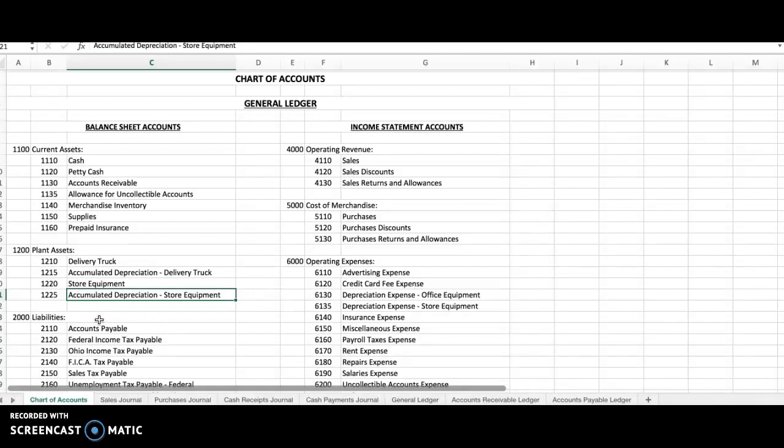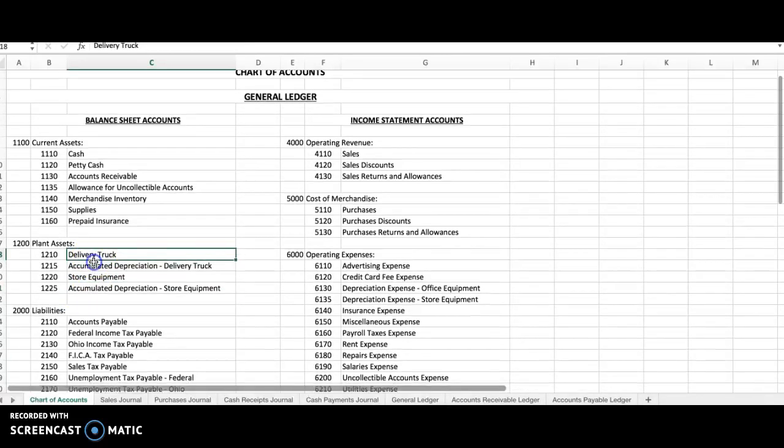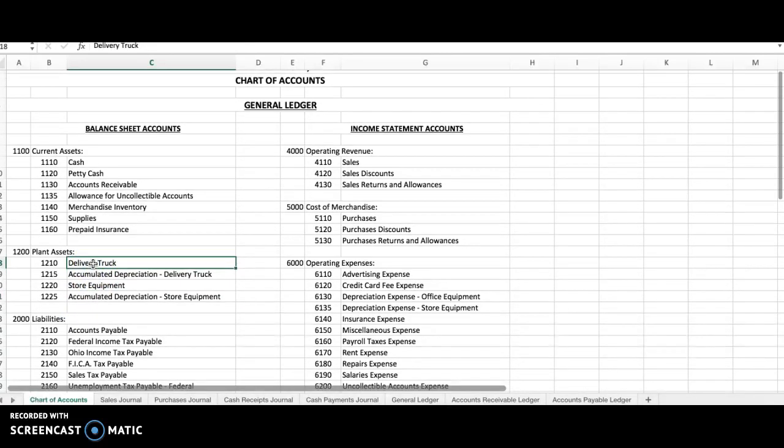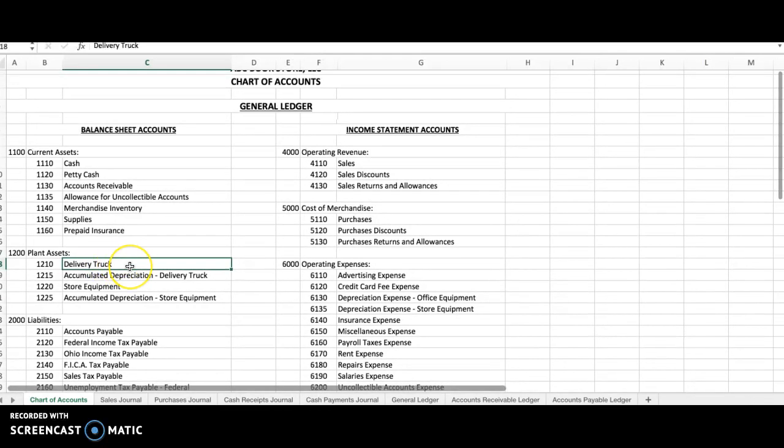I mentioned those two things because if you remember, when we dealt with these kinds of assets, delivery truck, for example, when we bought the delivery truck, there's an account in the general ledger for delivery truck, and it would be debited by the amount of the value at the beginning when we buy the truck new. And that does not change through the years.